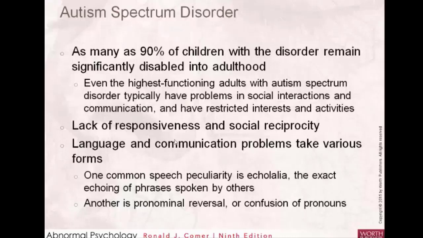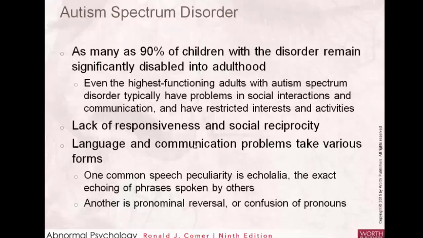Also, the lack of responsiveness and social reciprocity makes it difficult for them to develop relationships with friends, and romantic relationships may also be difficult, as may parent-child relationships. It's difficult as a parent to have a young child that does not respond or communicate to you in the way that you expect.